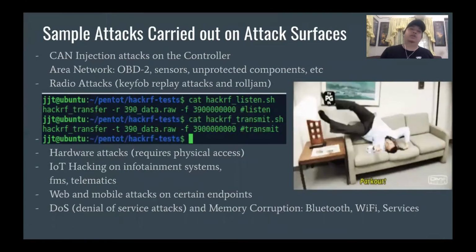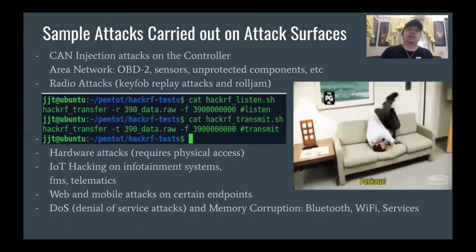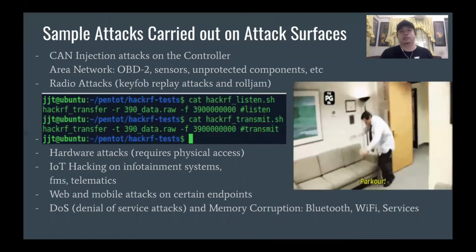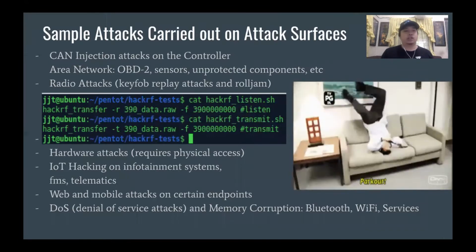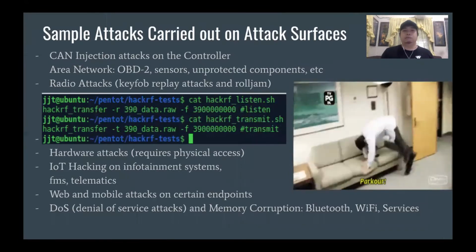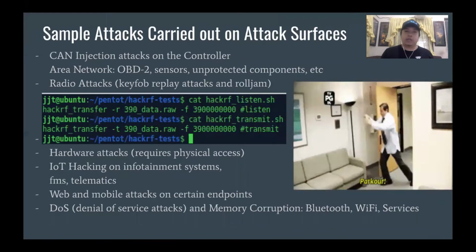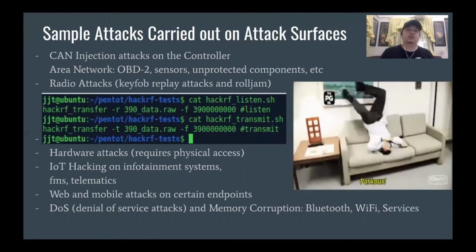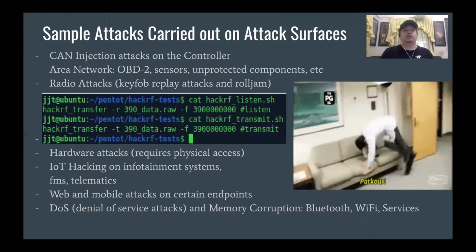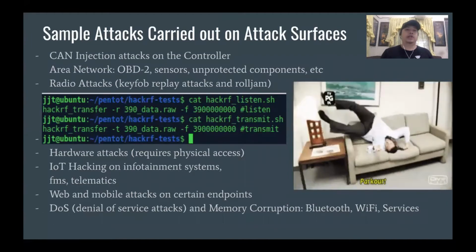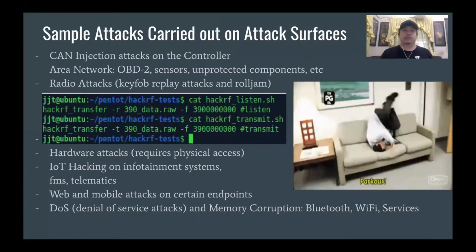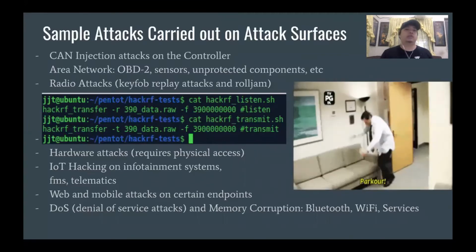So here are some sample attacks carried out on attack surfaces of a car. When you say attack surfaces, these are the things that you could attack with the endpoints that your car has, or your entry points. So you can do CAN injection attacks on the controller area network with the OBD2, the sensors, or unprotected components.